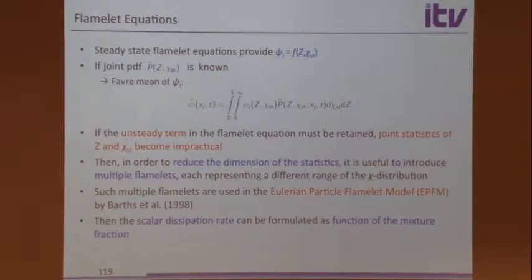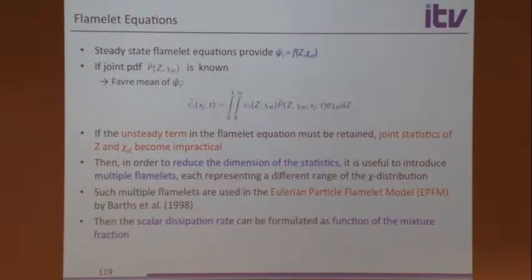So the steady flamelet equations give you mass fractions and temperature as function of mixture fraction and some second parameter, the stoichiometric scalar dissipation rate. That means this is a function of two parameters, which means I need the joint PDF of these two parameters. First of all, we can assume that these might be independent. That to some degree makes sense.